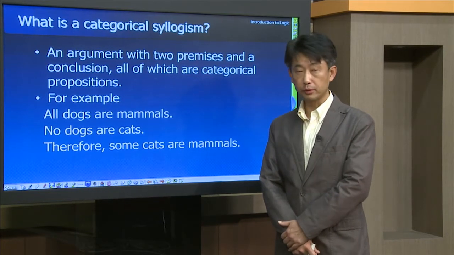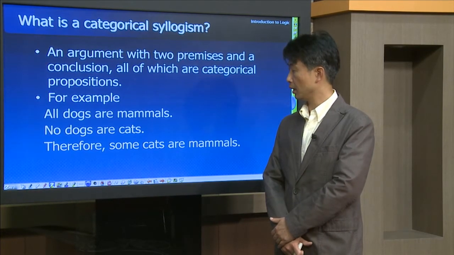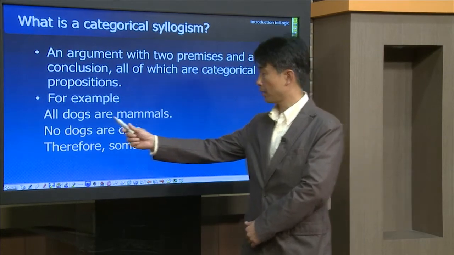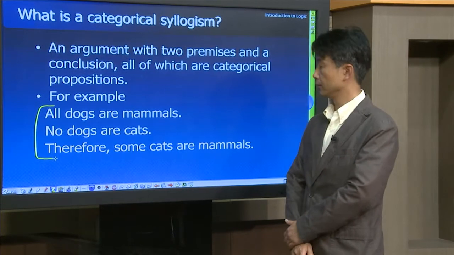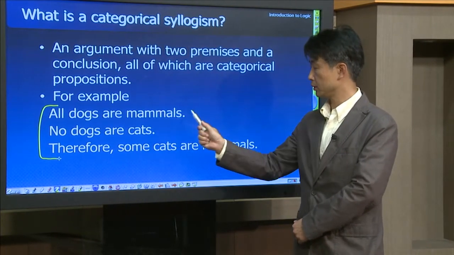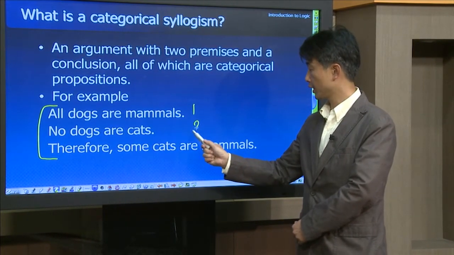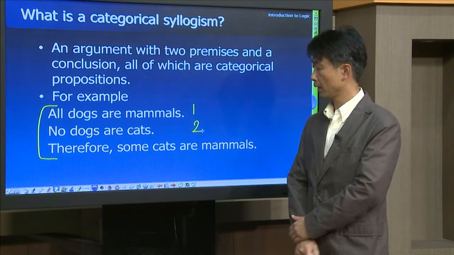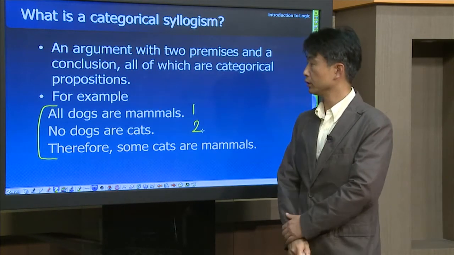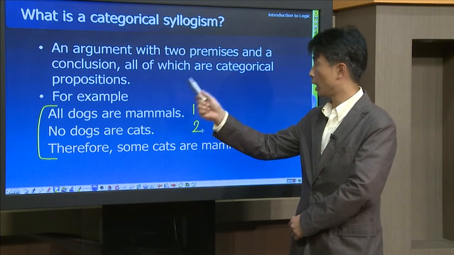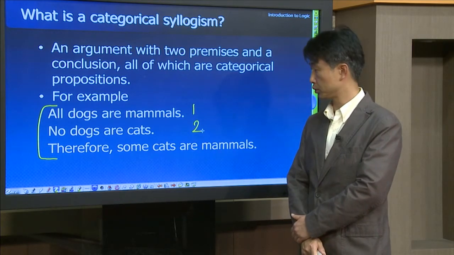So for example, this is an example of a categorical syllogism. There are two premises, first and second premises, and there is the conclusion. So two premises and a conclusion, all of which are categorical propositions.